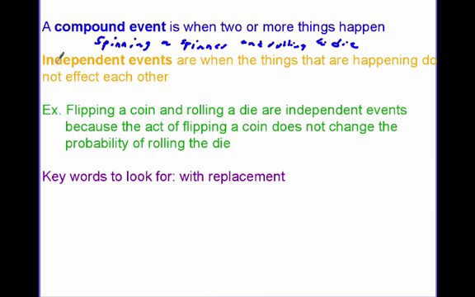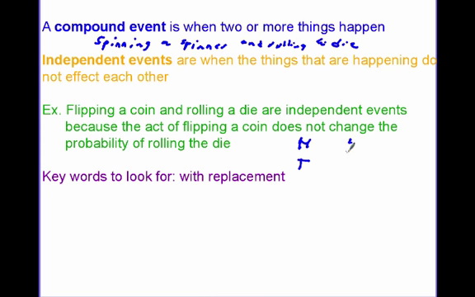For them to be independent events, the things that are happening do not affect each other. So it's when the probability of one thing happening does not affect the probability of another. For example, flipping a coin and rolling a die are independent events because the act of flipping a coin does not change the probability of rolling a die. If I flip a coin, I have two options, heads or tails.